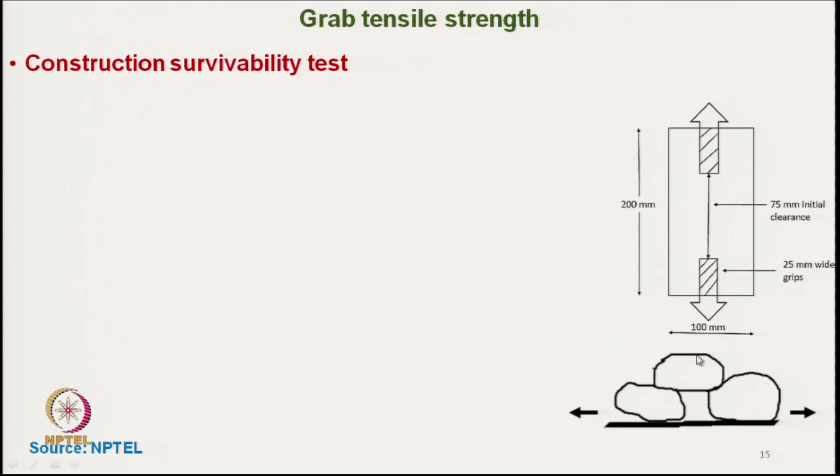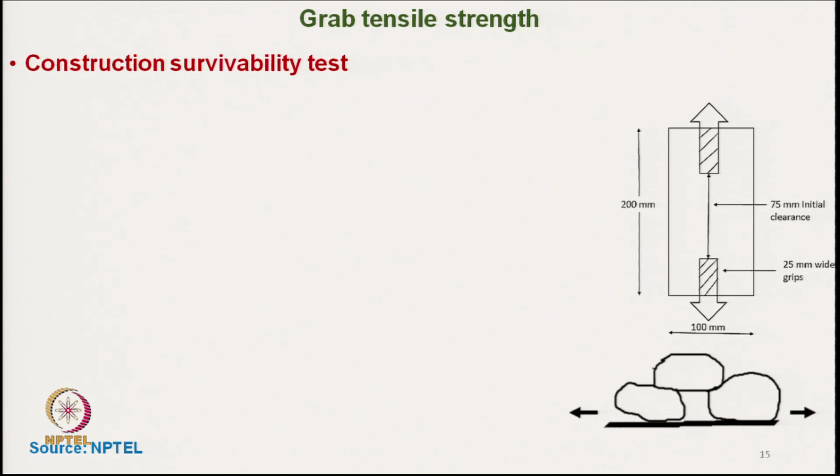Now, here if we see, it shows 3 stones of certain dimension placed over geotextiles, and beneath the geotextile there is soft soil, and here geotextile is acting for separation and reinforcement purpose. Once the load is applied on this top stone, now I will show here.